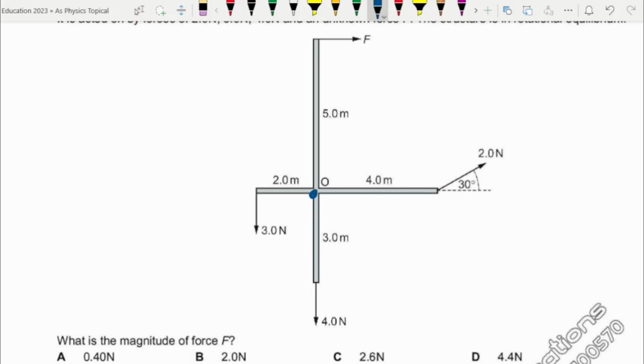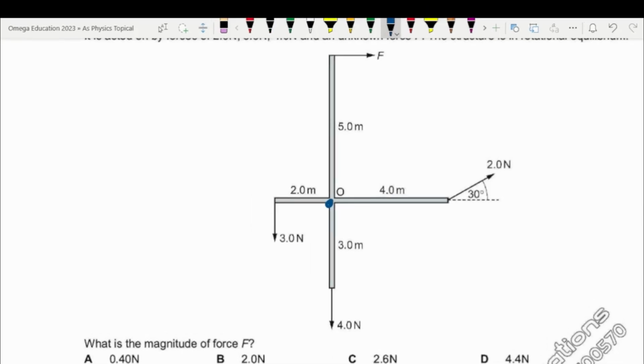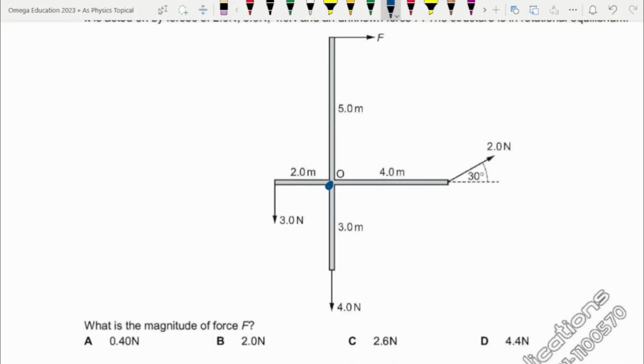All we have to do is apply the principle of moments here, and we can then easily find the value of this force. First of all, you see the last force at the bottom, you can ignore this force because it is a force that passes exactly through the pivot.